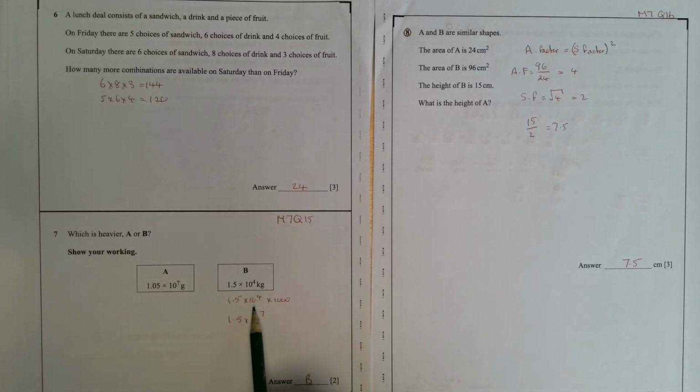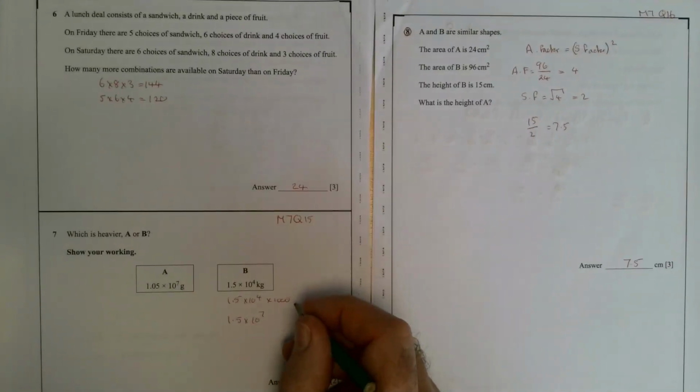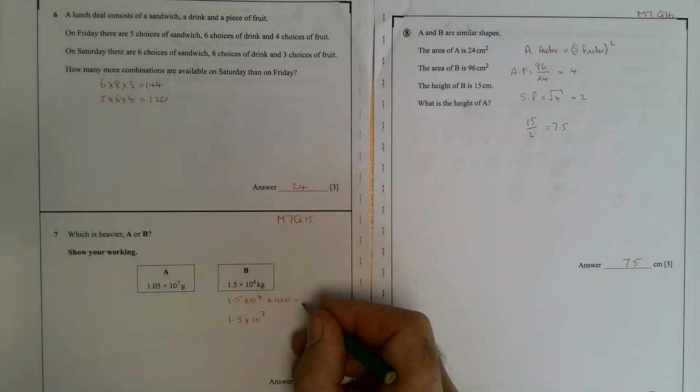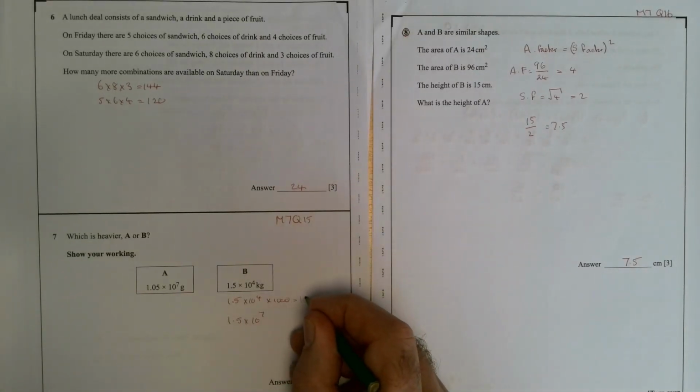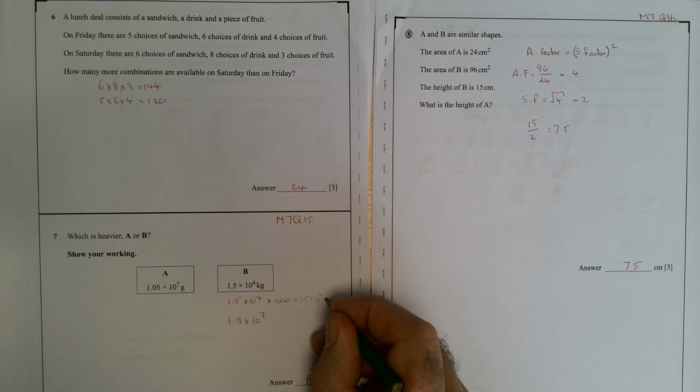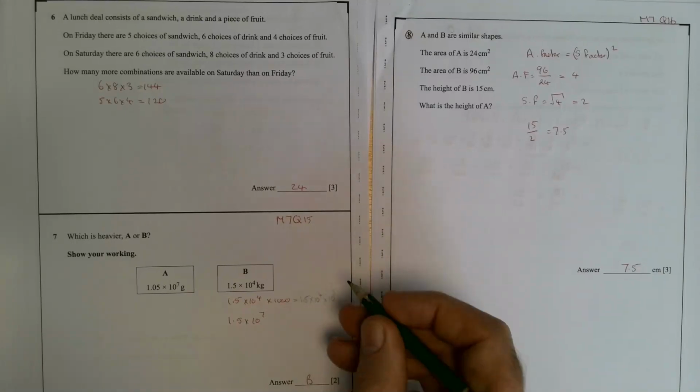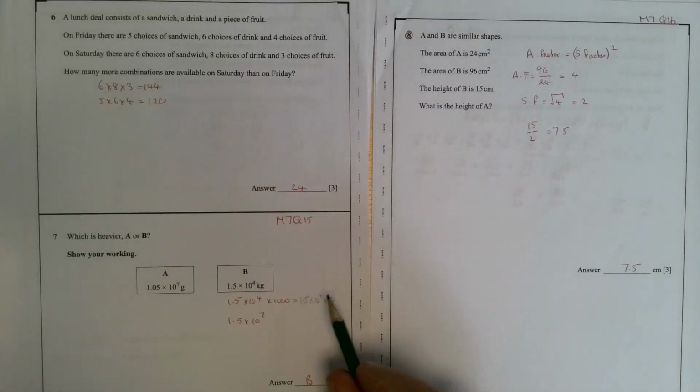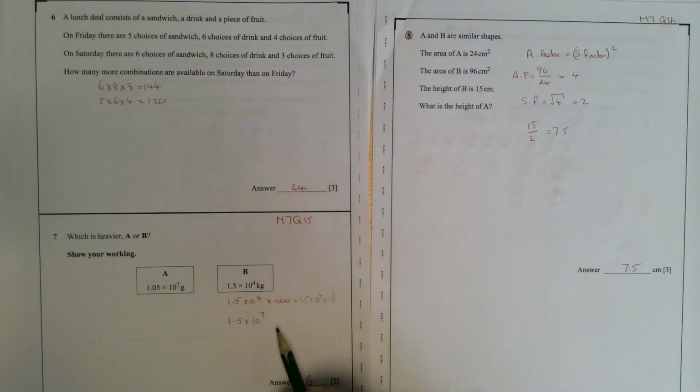So multiplying that by 1,000, 10 to the 4 times 1,000, which is 10 to the 3, is the same as 10 to the 7. When we're multiplying numbers with indices, we add the powers. So that will be 1.5 times 10 to the 7. So this is 1.5 times 10 to the 7. This is 1.05, so the 1.5 is bigger. So B is the bigger one.